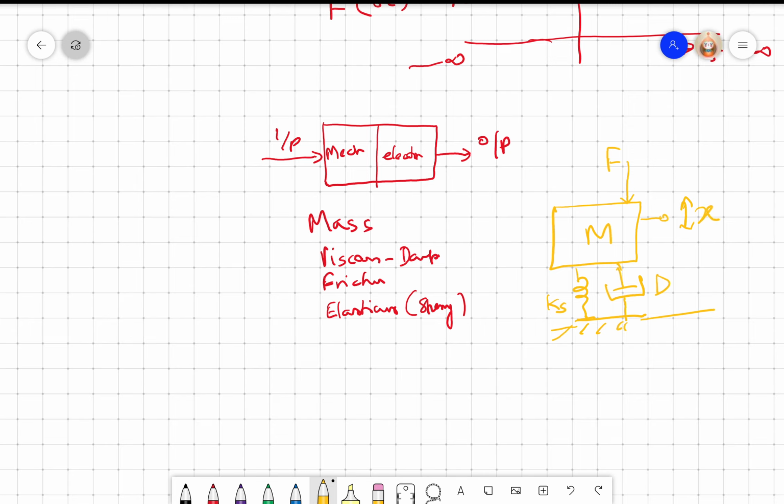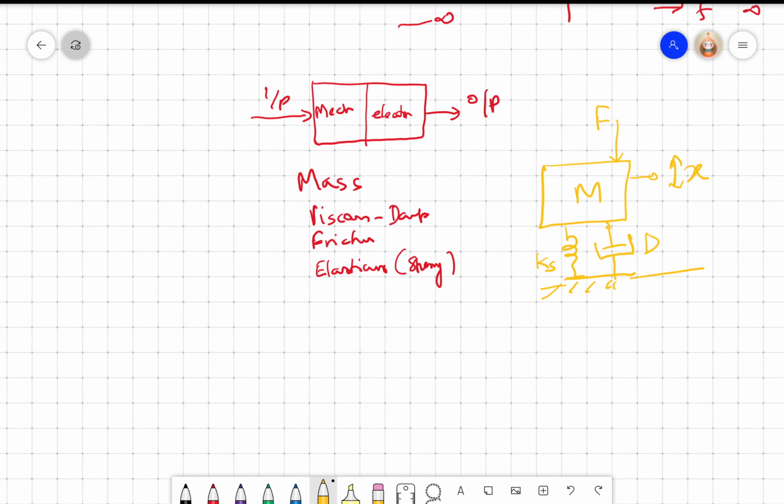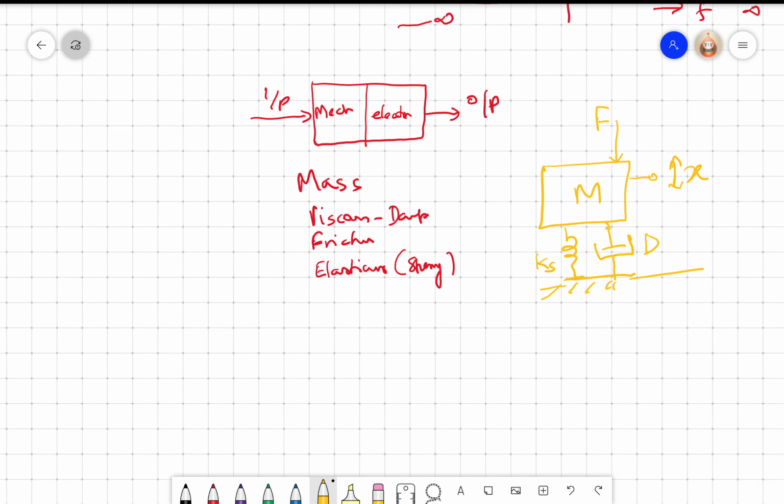So if I look at the force when I give it to the system like this, some part of the force goes into the mass and moves it by x. Some gets stored in the spring, some may get dissipated in the damper, right? If I add all this, I should get the force.